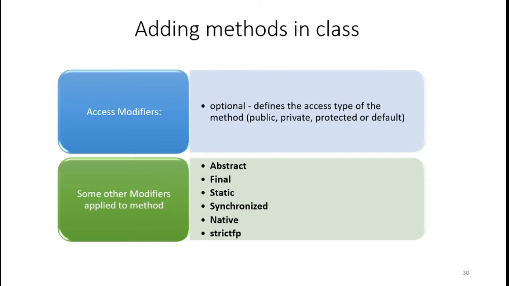Strictfp means strict floating point. If the method is declared as strictfp, it has all floating point arithmetic evaluated strictly. So these are some additional modifiers, along with the default modifiers, which can be used in the class for the method.